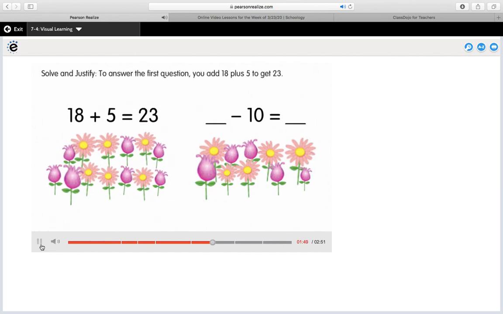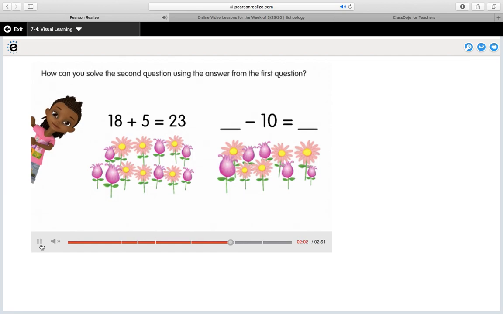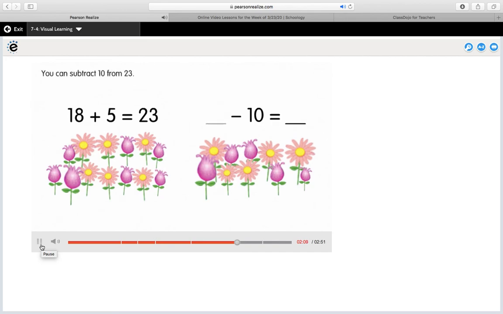Solve and justify. To answer the first question, you add 18 plus 5 to get 23. Bob picked 23 flowers. How can you solve the second question using the answer from the first question? You can subtract 10 from 23. Bob gave 10 flowers to Buzz, so the difference is 13.